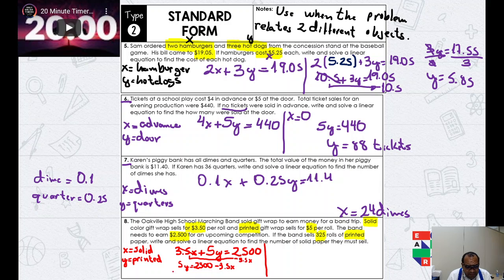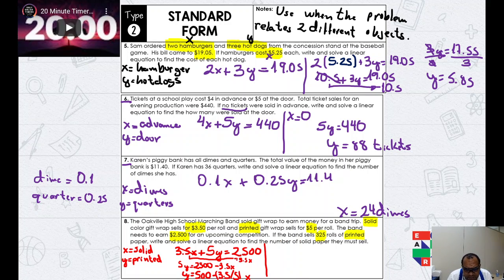You divide by 5 everything here. By 5, by 5, by 5. You get y equals, if you want your slope-intercept form, okay guys, 2,500 minus 3.5 divided by 5 x. Everything is divided by 5. Great.